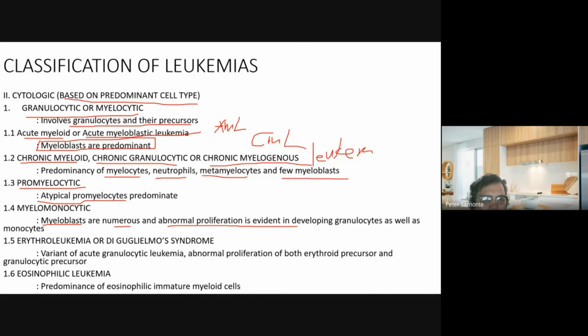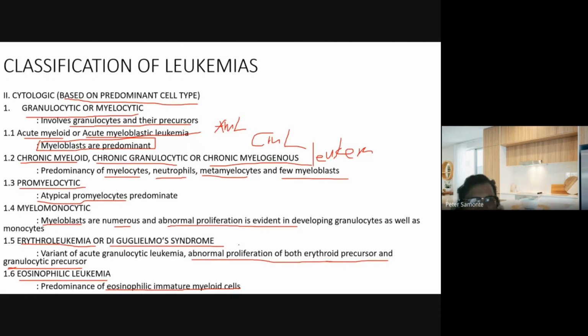And then another one would be your erythroleukemia, or also known as your de Guglielmo syndrome. Now, this has abnormal proliferation of both erythroid precursor and granulocytic precursor. And the last one would be your eosinophilic leukemia, which is characterized by the predominance of eosinophilic immature myeloid cells.